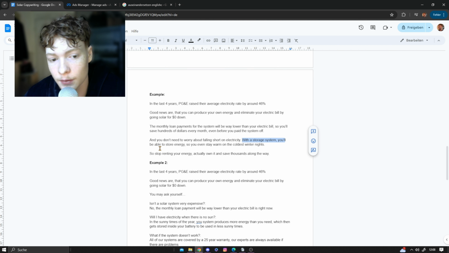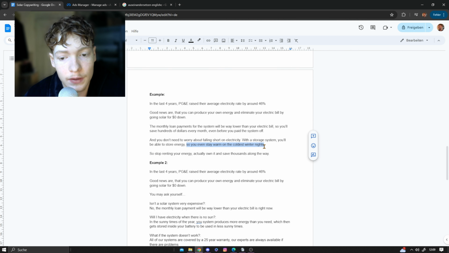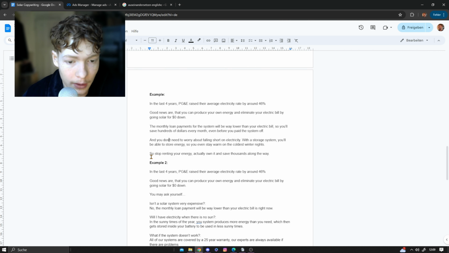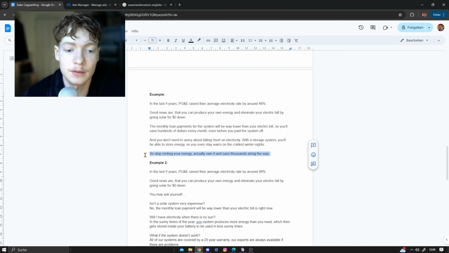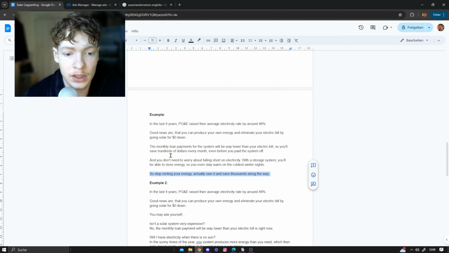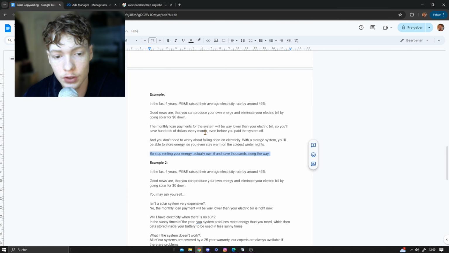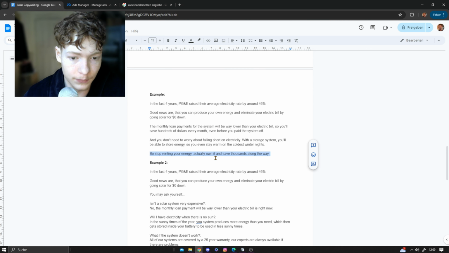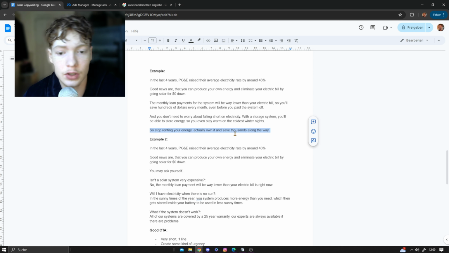With a storage system, you'll be able to store energy, so you even stay warm on the coldest winter nights. This is another objection they may have had, that you busted out of the way. And then, so stop renting your energy, actually own it, and save thousands along the way. This may already be part of the call to action, because after the body the call to action comes. I will talk about the call to action in a second.